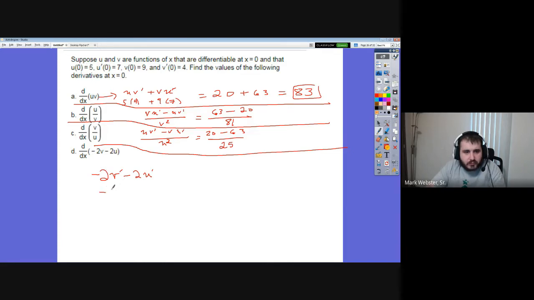V prime is first, so this is negative 8. U prime is 7, so this is negative 14. Negative 8 minus 14. You could put negative 22, but remember what I said. You don't even have to go that far.